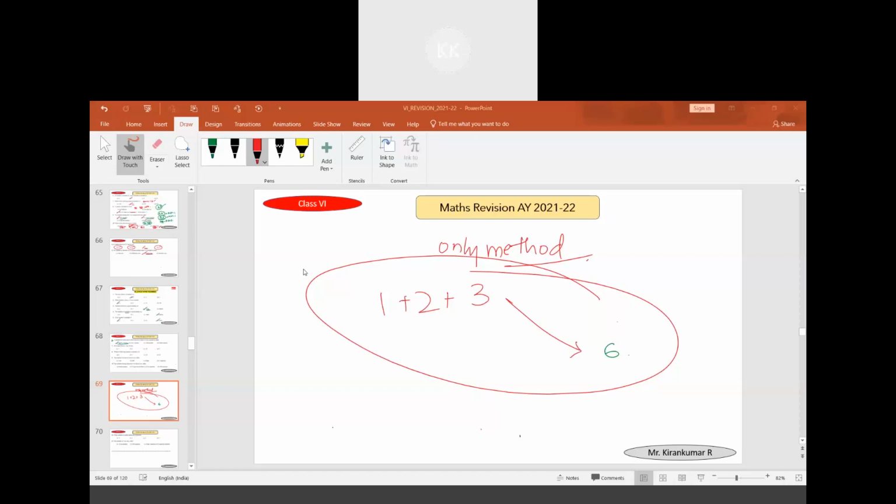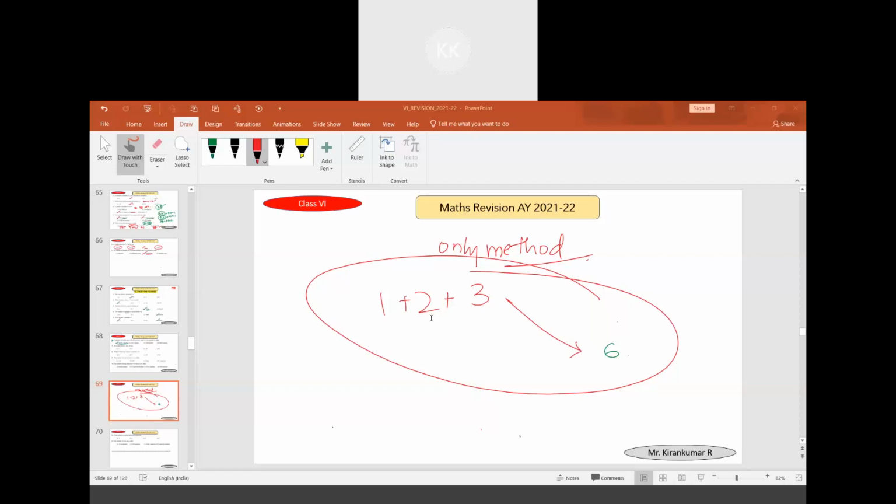Euclid has given the idea of the perfect number. The perfect number means the sum of its divisors minus the number itself will be equal to the number. If we consider a positive integer, the sum of its divisors minus the number itself will equal the number.